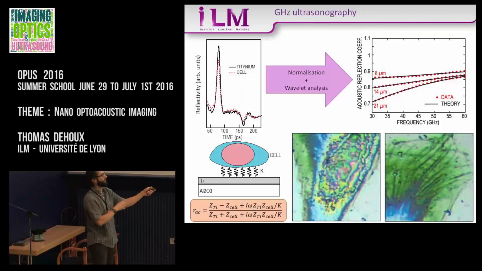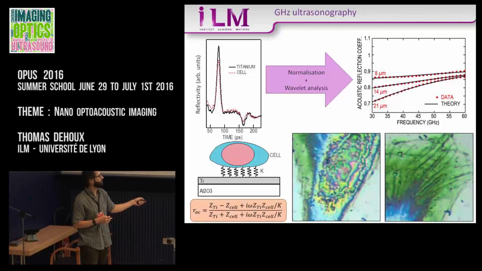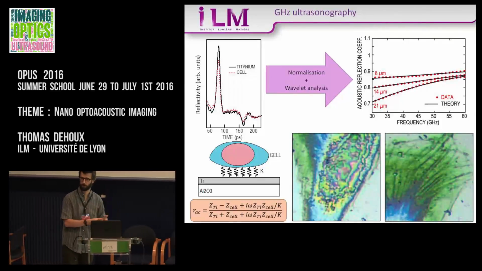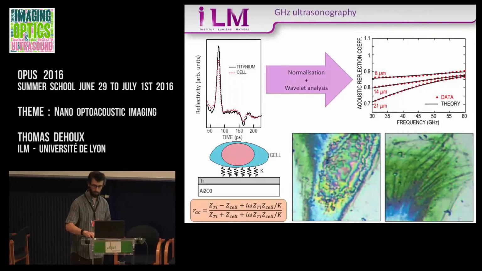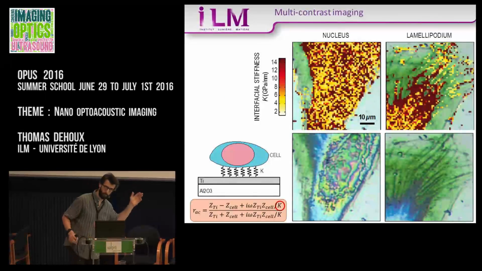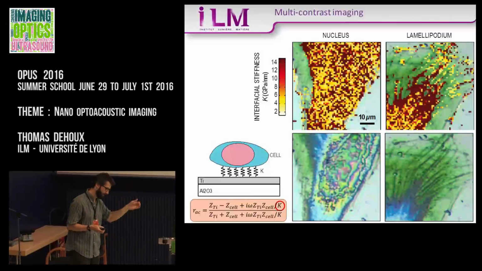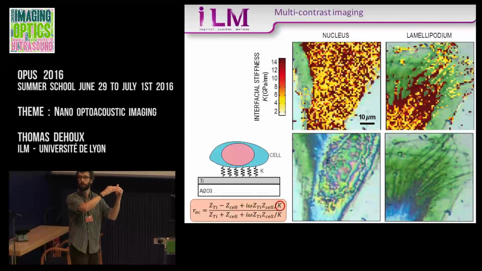We just fit our data with this model with two parameters, the acoustic impedance of the cell and the massless spring stiffness. And we're able to plot maps of the acoustic impedance and of the spring stiffness, which describes the quality of the interface.